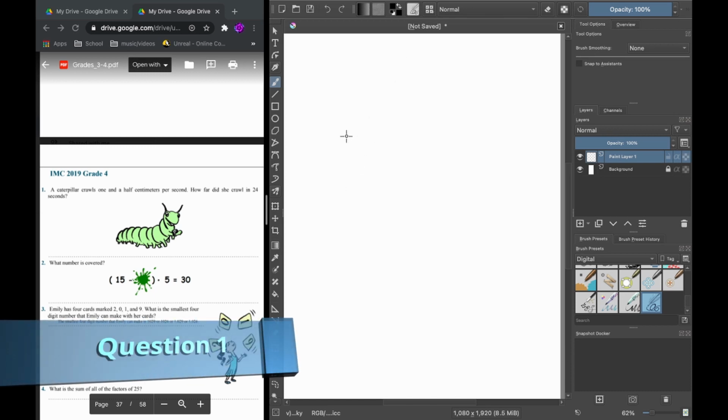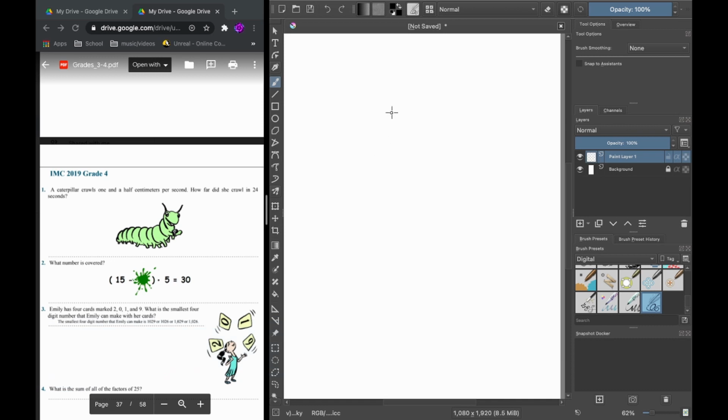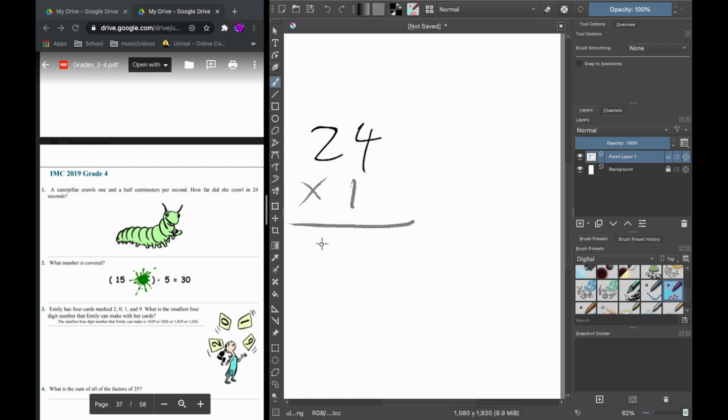Now, moving on to question number 1. A caterpillar crawls 1.5 centimeters per second. How far did he crawl in 24 seconds? So what we would do here is 24 times 1, and we would get 24.